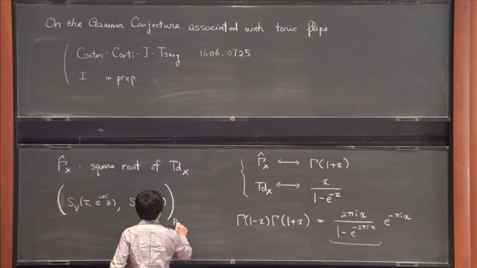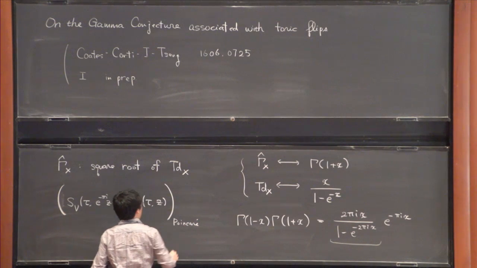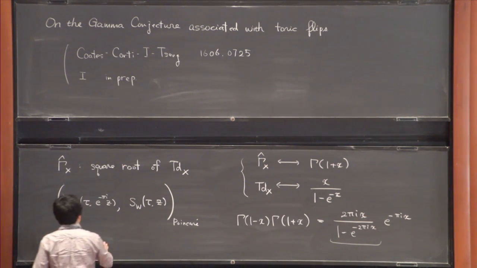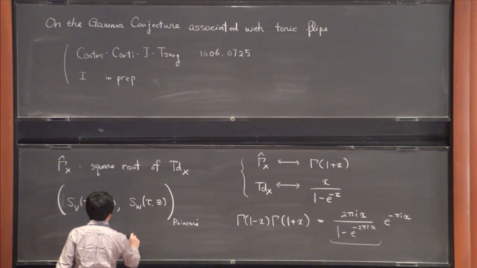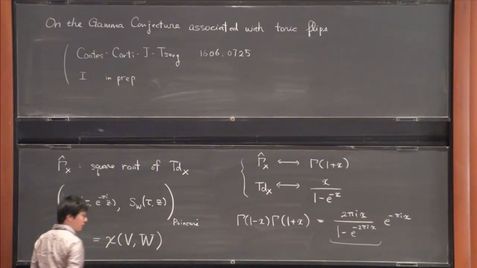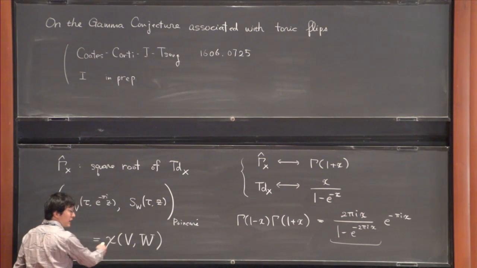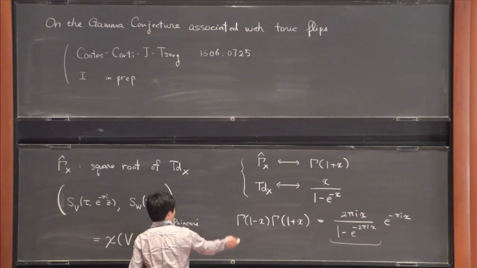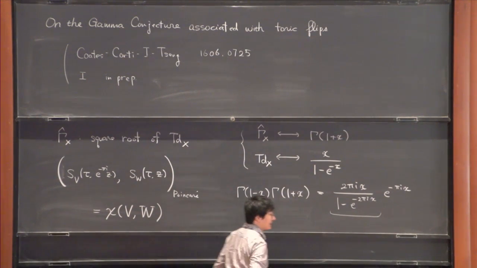If you take a Poincare pairing like this, then this gives you exactly the Euler characteristic of V and W. For example, if V and W are holomorphic vector bundles, then you have this formula, an alternating sum of dimensions of the Ext groups. So this is the role of this gamma class.